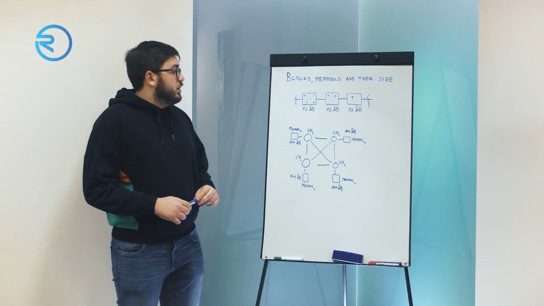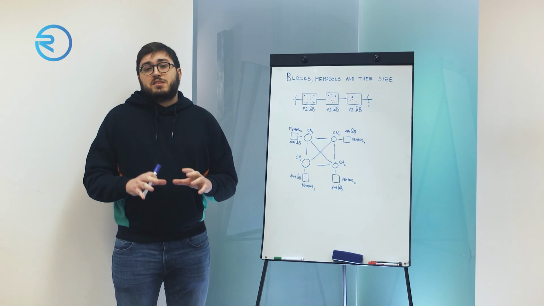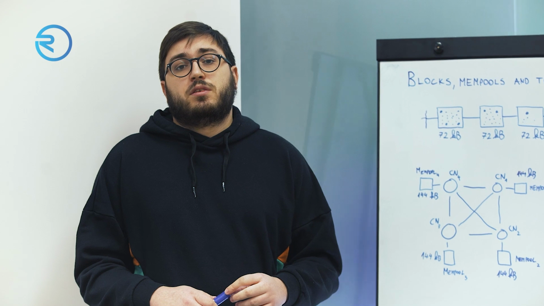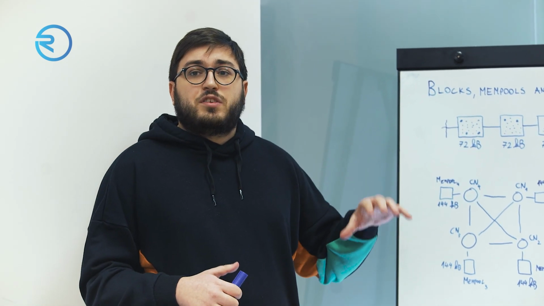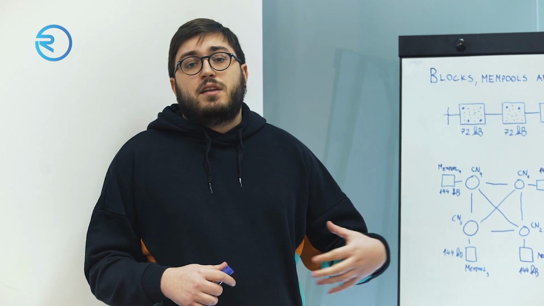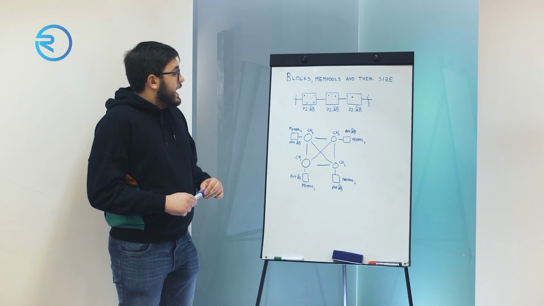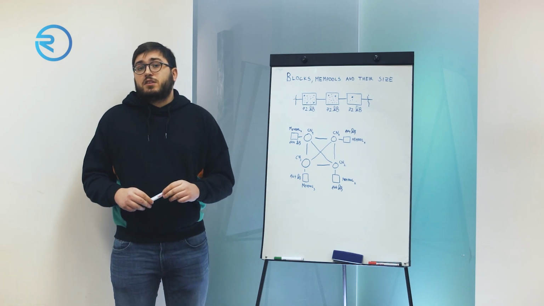Now I'm going to tell you a little bit about mempools. A mempool is basically a space where transactions are stored until they're written in the blockchain. So these transactions are submitted and accepted, but they're not yet written in the blockchain. On Cardano, each full node has its own mempool.